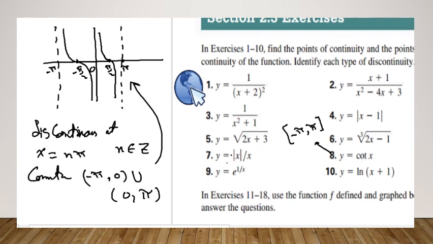Now let's go to number 9. e is a constant value. Its value is approximately 2.71.